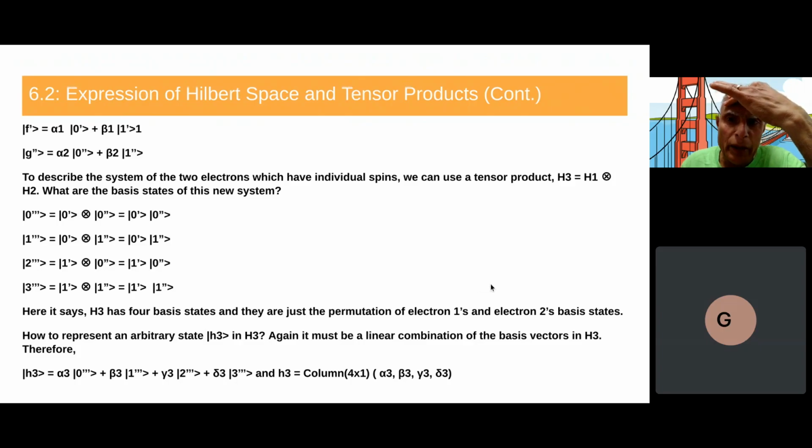When we started with Hilbert spaces, we had only 2, alpha 1, beta 1, alpha 2, beta 2. But when you come to 3, you have alpha 3, beta 3, gamma 3, delta 3. Either we represent it in matrix form, in column form, or in ket notation, and either way it comes out to the same thing. This will be better understood as we go further, so let me go further.